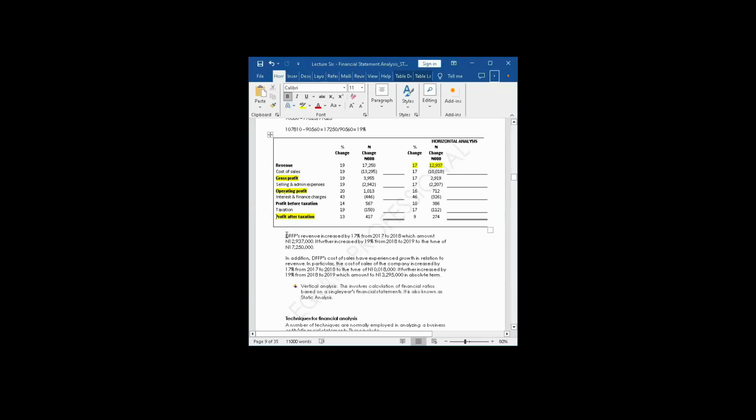I've made statements on DFFP's revenue and on DFFP's cost of sales. So I'm saying that I want the class to make statements on gross profit, operating profit, and profit after tax.